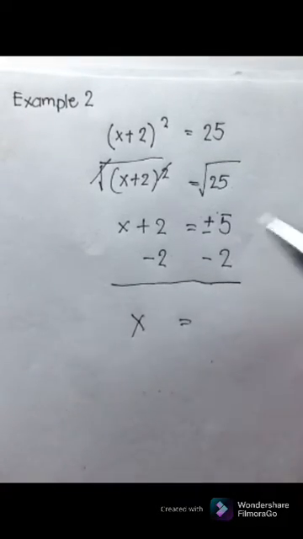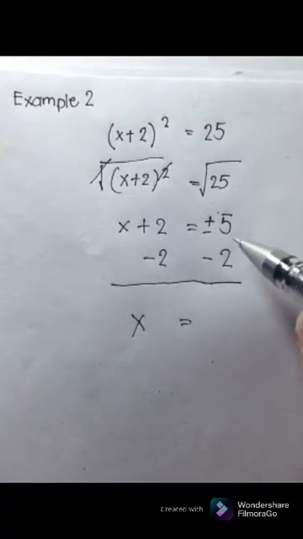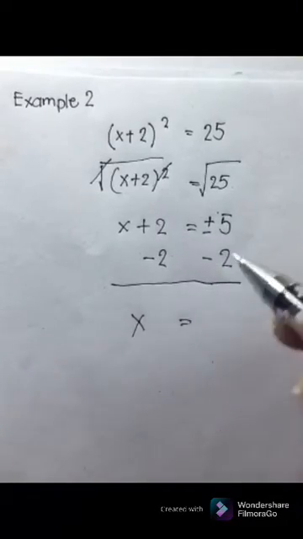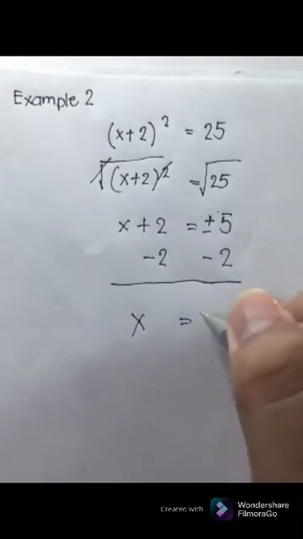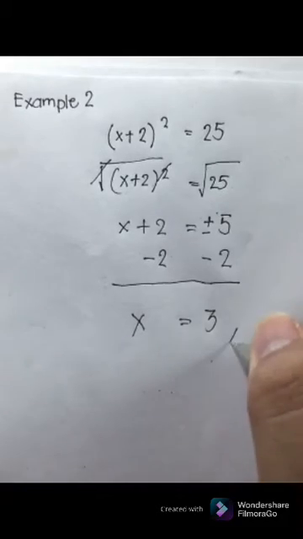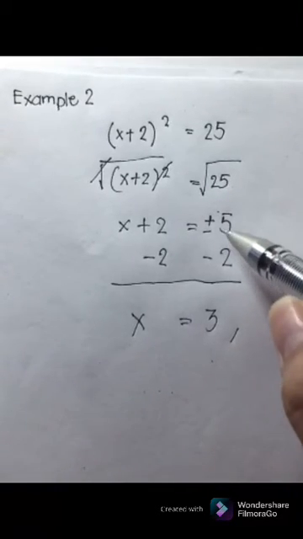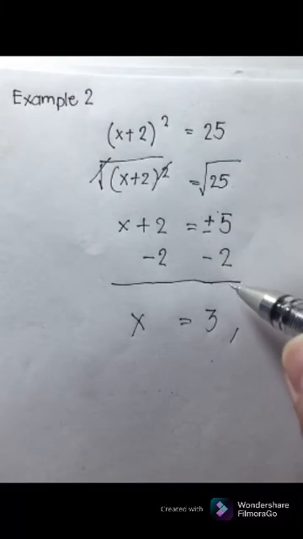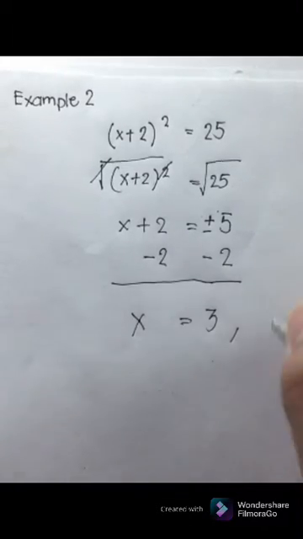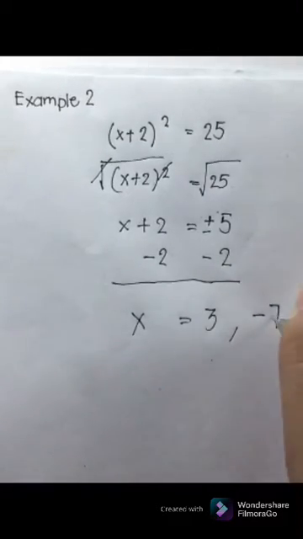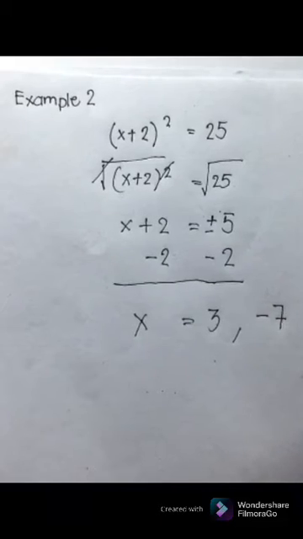and for example, if we have the positive 5 plus negative 2, that will give us the value of x is 3. But however, if we have the negative 5, that will give us the value of x is negative 7. Remember the basic rules in mathematics in adding and subtracting integers.